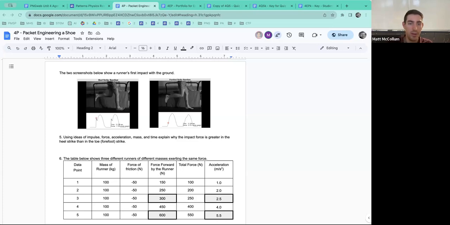And then that table at the bottom is just another kind of practice at using net force and using acceleration, looking at different runners and how their masses are being affected. So lots of practice and getting students looking at different ideas.